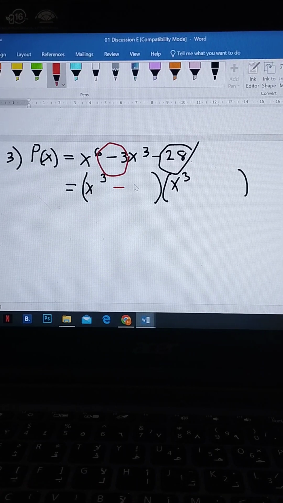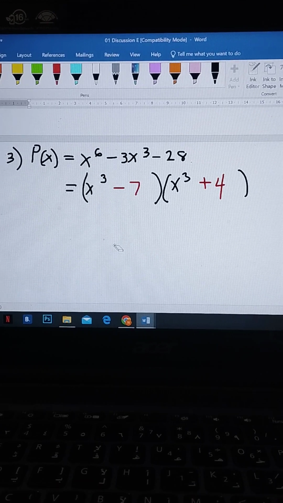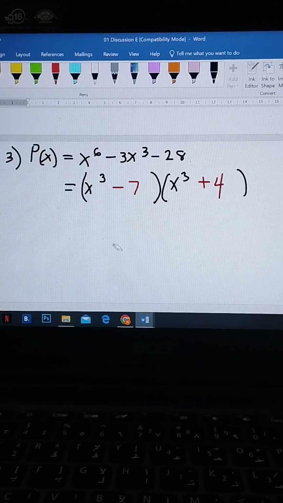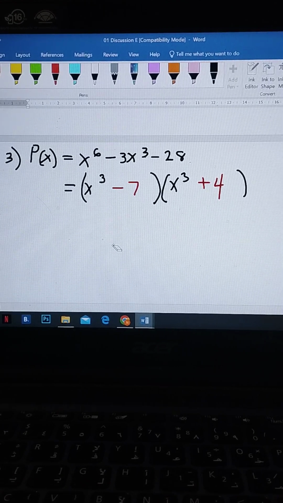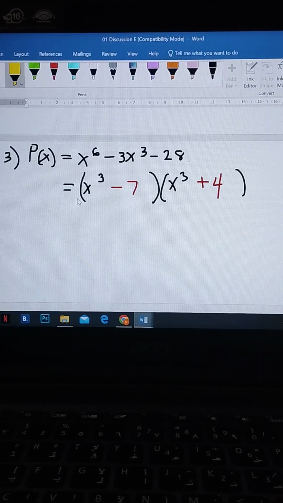So this is x cubed minus 7 and x cubed plus 4. We can no longer factor these because they are not a sum or difference of two cubes. So this is already your final answer.